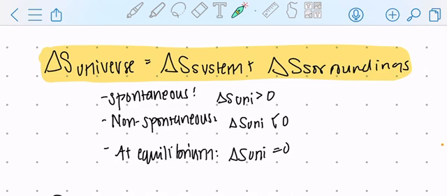We covered how to calculate or understand the entropy of the surroundings in the steps above. Now, the entropy of the universe is the sum of the entropy of the system plus the entropy of the surroundings. If a reaction is spontaneous, then the entropy of the universe is greater than zero. If it's non-spontaneous, then it's less than zero, and at equilibrium, the entropy of the universe is zero.